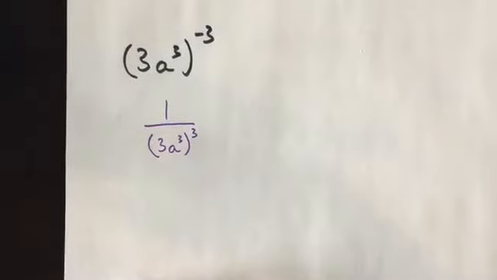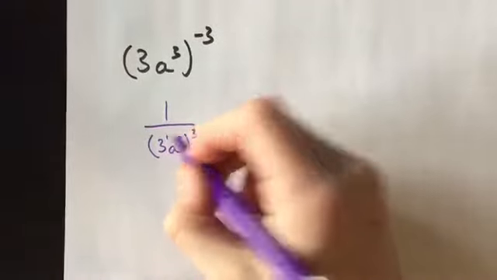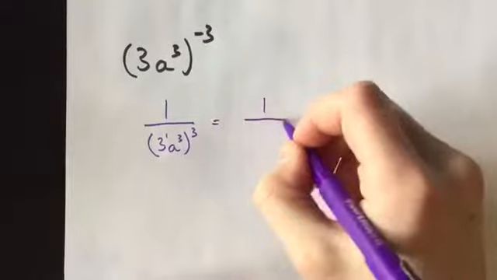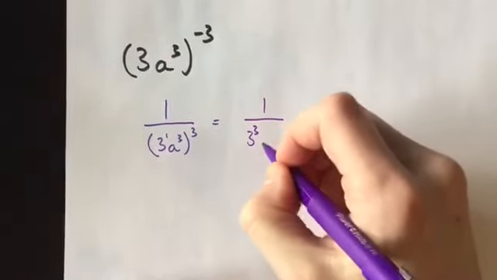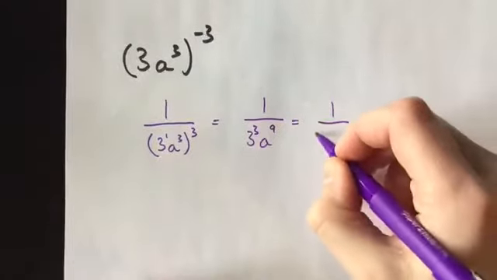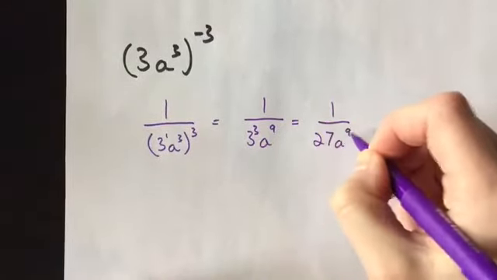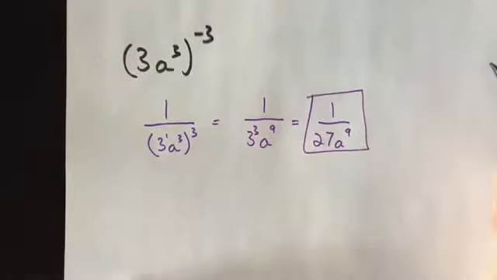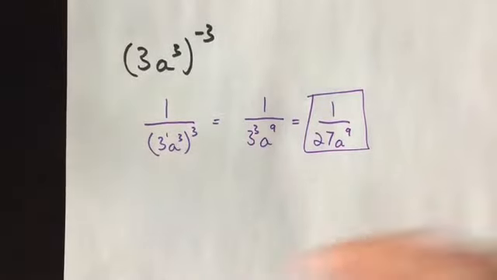Now we treat the denominator as that regular power to a power. So we have 1 over 3 to the third, a to the 9th, which is going to be 1 over 27a to the 9th.